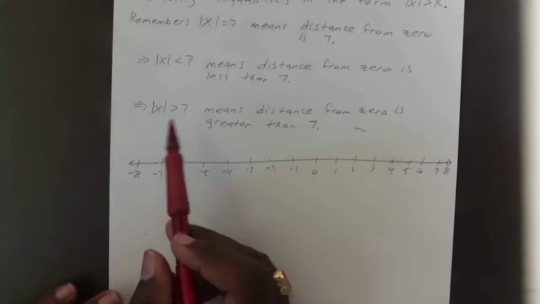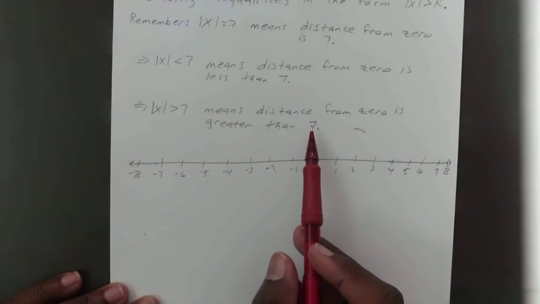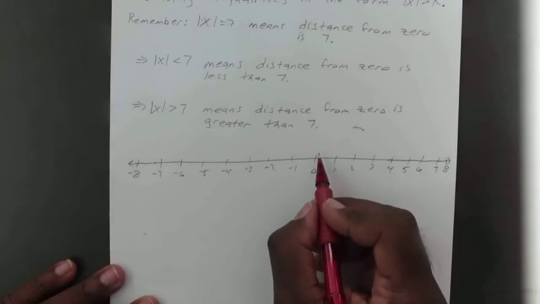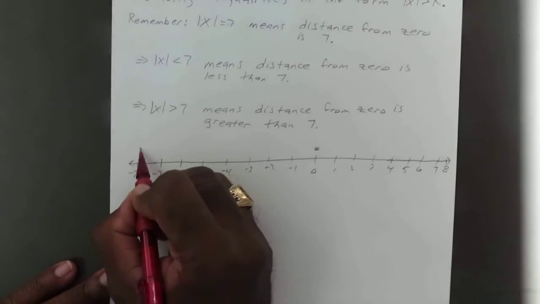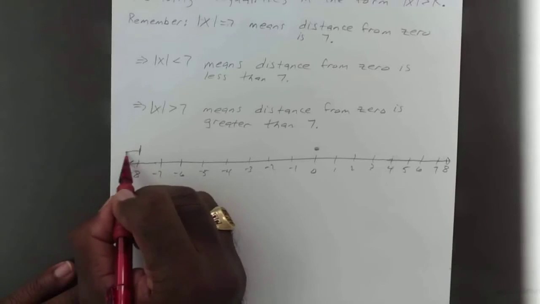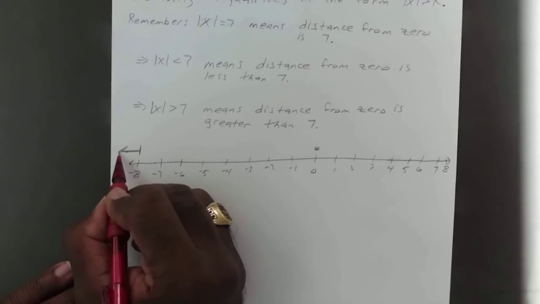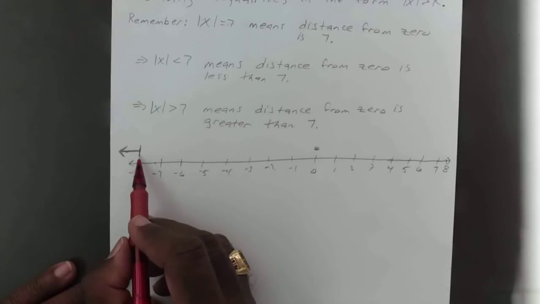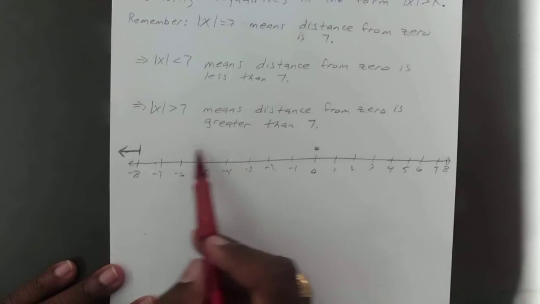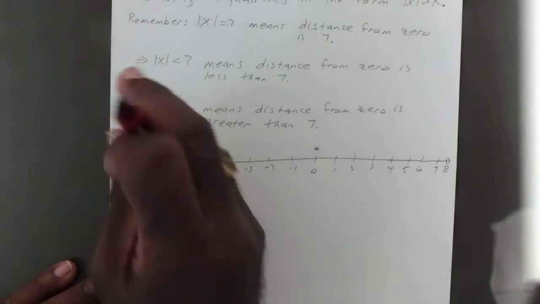Okay, so if the absolute value of x is greater than 7, meaning the distance from 0 is greater than 7, then if we're at 0, every number out past 7 on this side would be true, because it's a distance greater than 7. Should move that over a little bit.